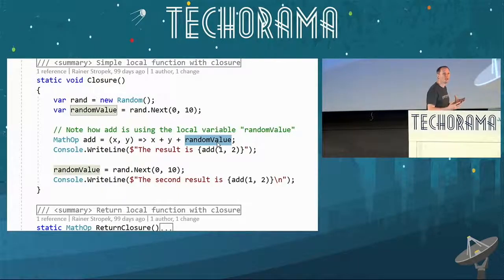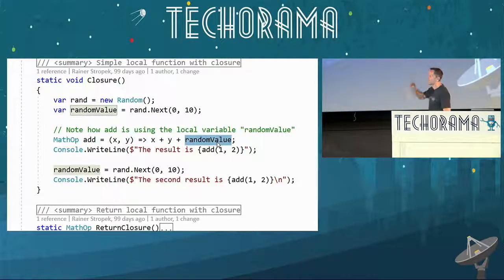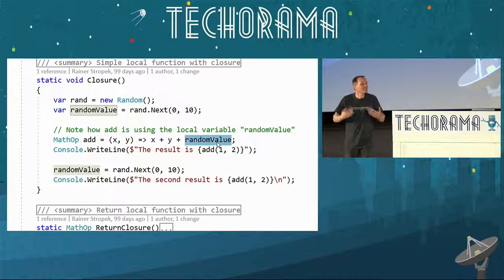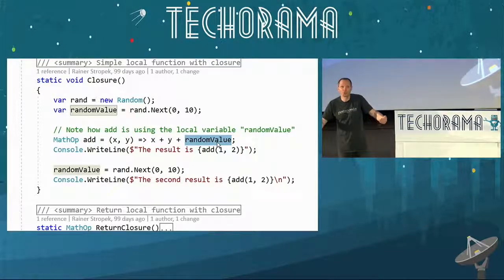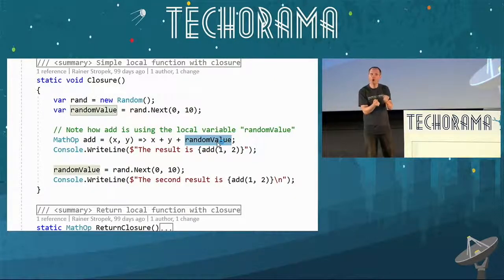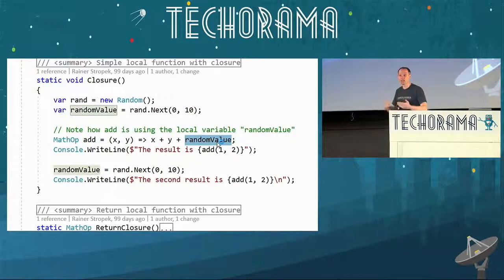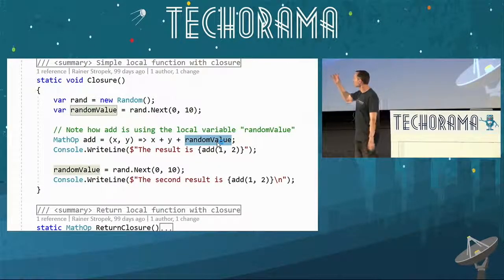Maybe this local function needs some specific initialization code that is just done inside of your enclosing method, in that case the closure method. So it doesn't make sense to offer it as a private member, because somebody else who is also working on your class might think, hey, this method comes in handy, let's call it, and forget that it just doesn't make sense in a more generic context. It only makes sense in that context.